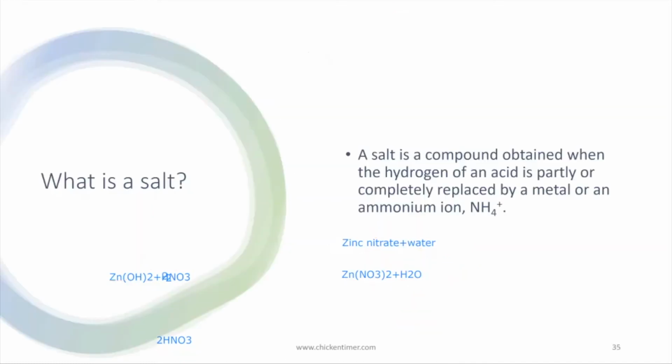So we have to talk about this. Just leave this alone first. Don't erase this. Okay. A salt, you have to define what is a salt because we are talking about salt plus water, salt plus hydrogen, salt plus carbon dioxide plus all those things, right? So we have to know what is a salt. So just now, when you have this zinc hydroxide and nitric acid, then you form zinc nitrate.